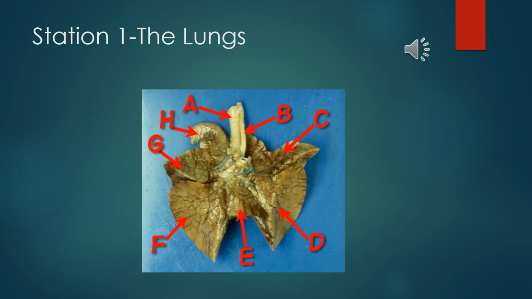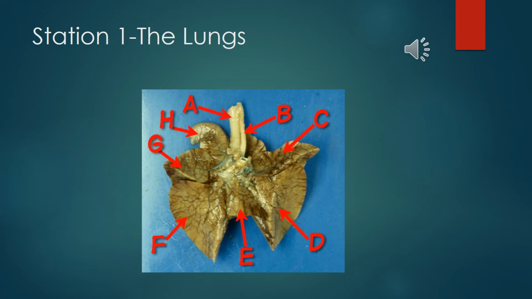This is a picture of the lungs. If you look on the packet that I provided for you guys, it is basically on page 19. The top of it is a little bit of the larynx. That would be A. B would be the trachea. C would be the left lung apical lobe.